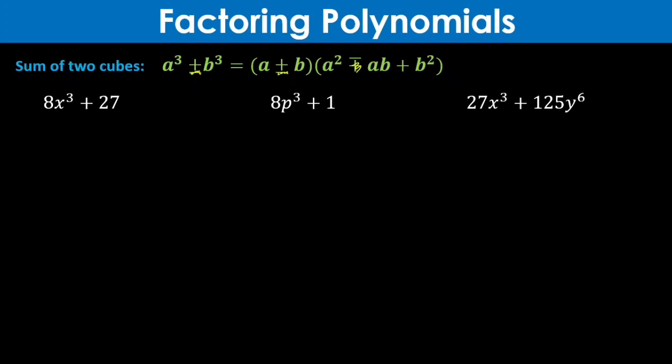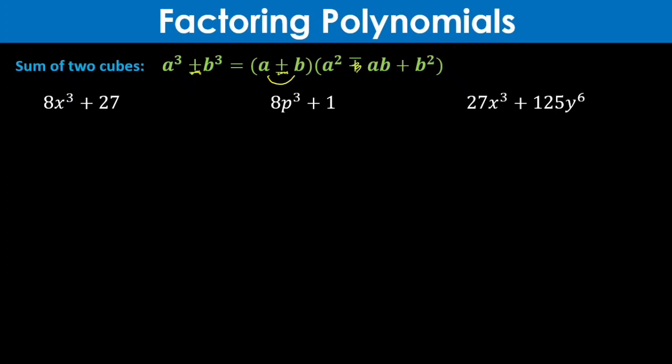That's a plus b. So you just square this, a squared, and then you multiply a times b, that's ab, but the sign here will be negative. And then next is you square the b squared. So that's how you remember the formula.